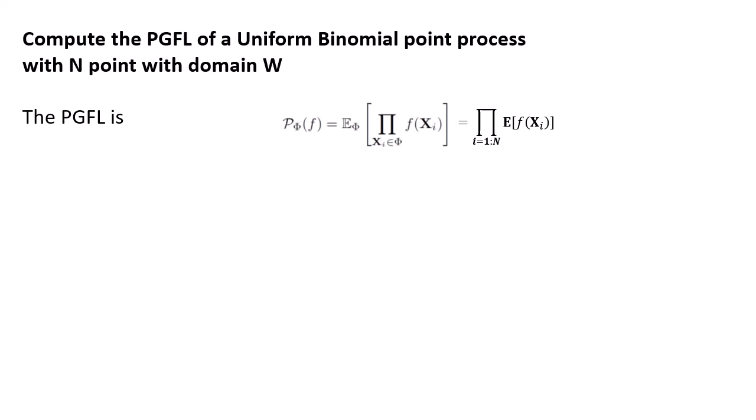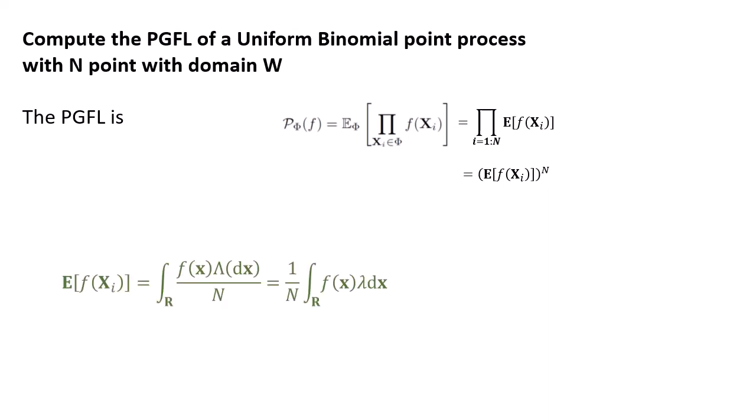So the product of n similar terms would be just this term multiplied n times, so this will be this to the power n. So what I get is the expectation of f(x_i) to the power n. And this I have already computed in the past. It is given this way. So if I replace this, I will get the PGFL expression for the binomial point process.